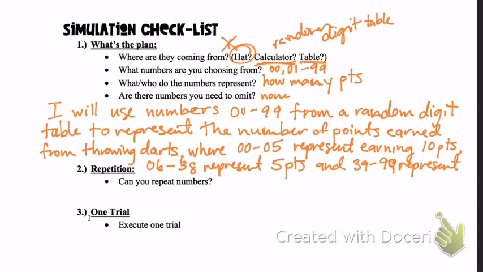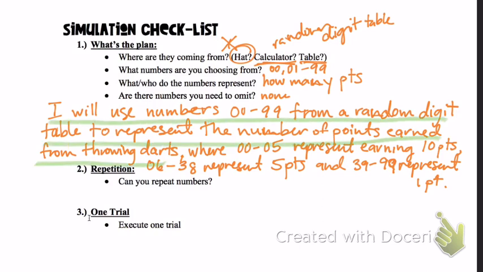represent 1 point. If I were to break this sentence down into 2 parts, the first part is telling me what numbers they are and what they represent. So, I'm using these numbers and they represent this. That's part 1: tell me what numbers you're using and what they represent.